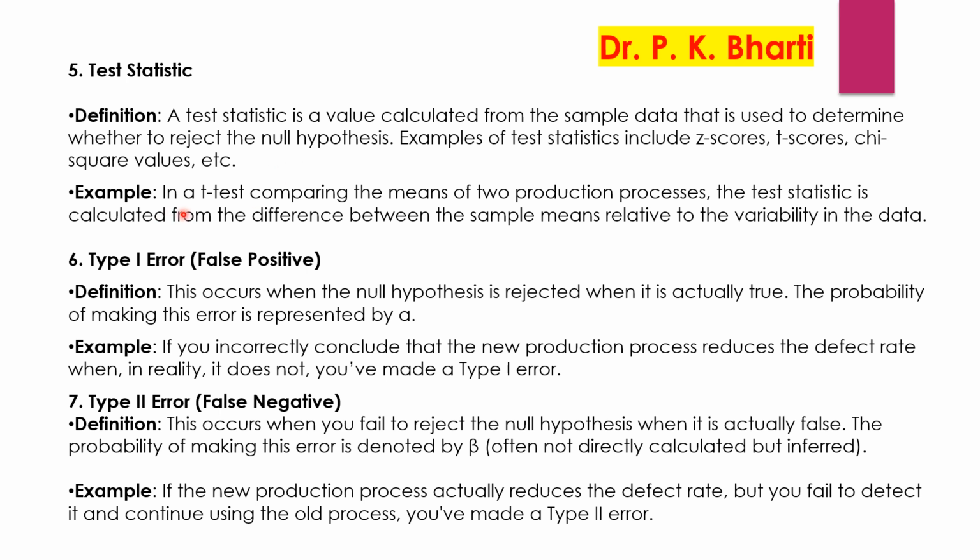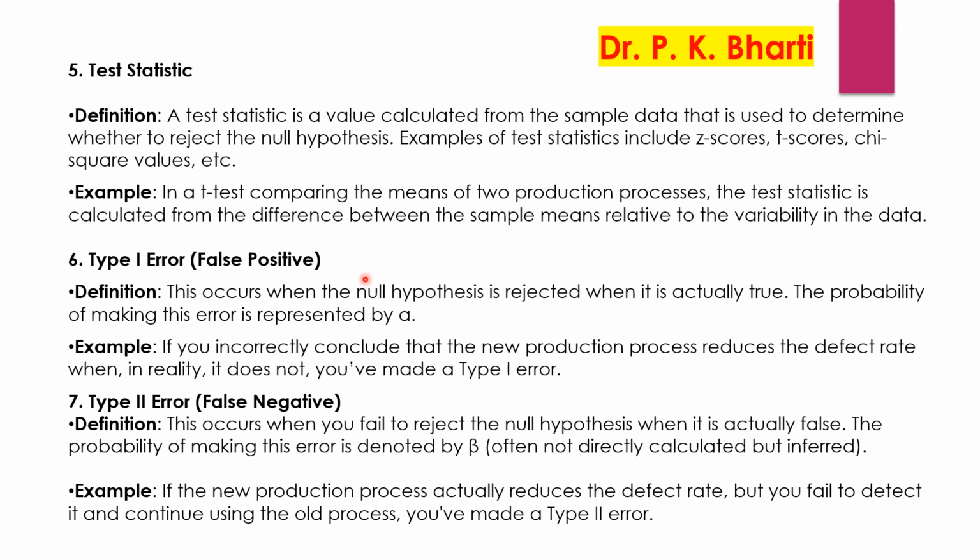For example, in a t-test comparing the means of two production processes, the test statistic is calculated from the difference between the sample means relative to the variability in the data.